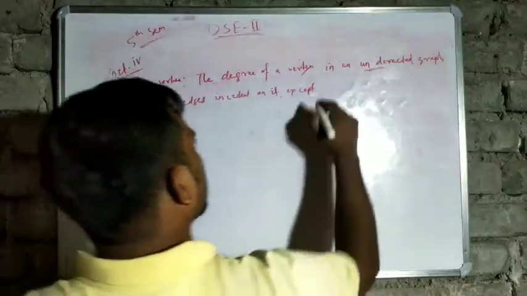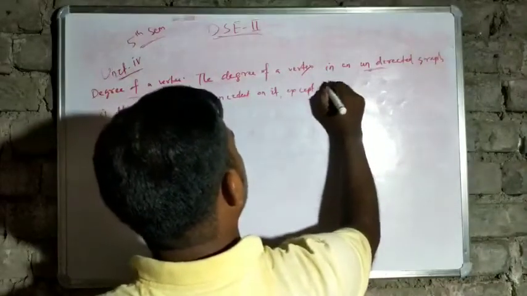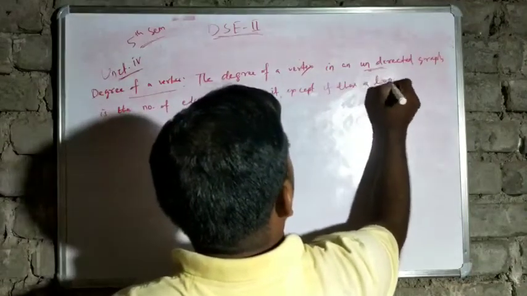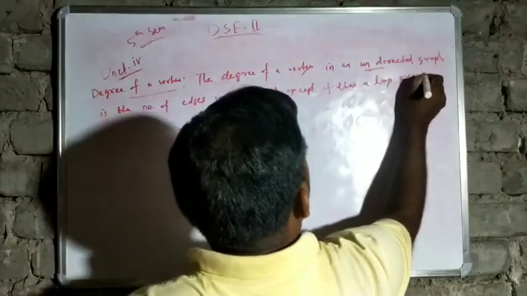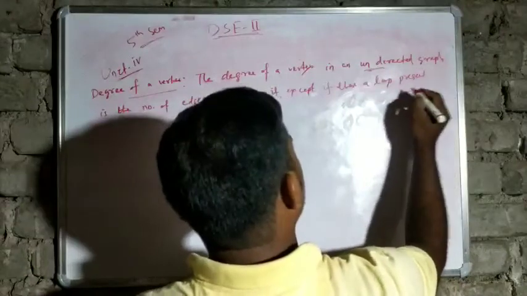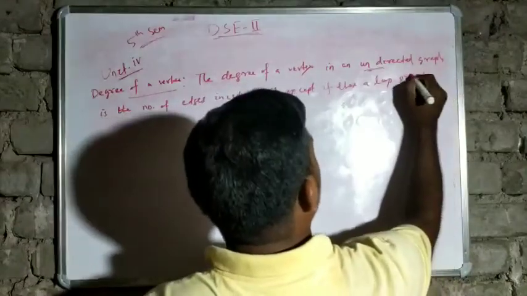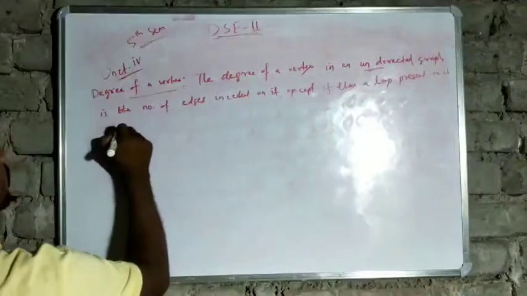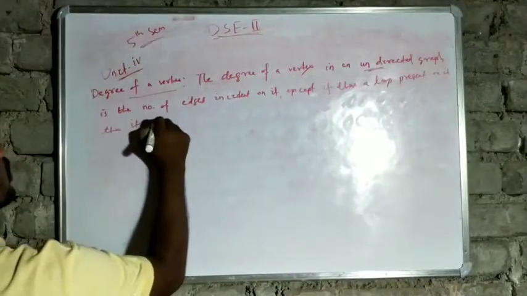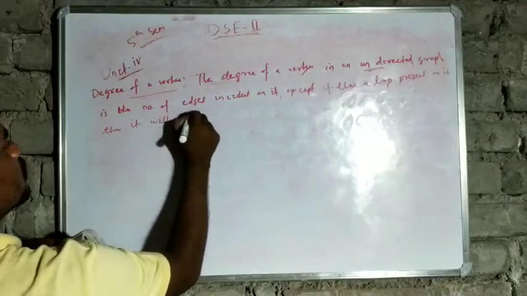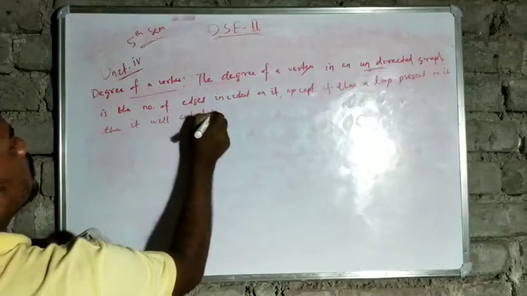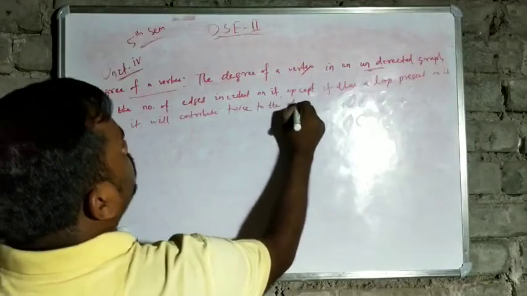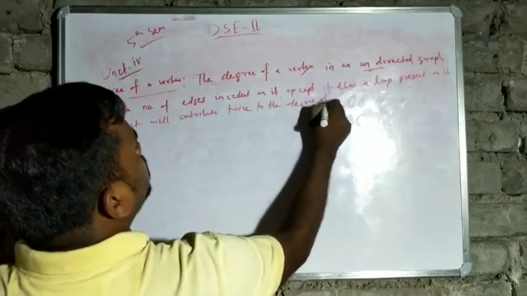Except if there is a loop present on it, then it will contribute twice to the degree of that vertex.